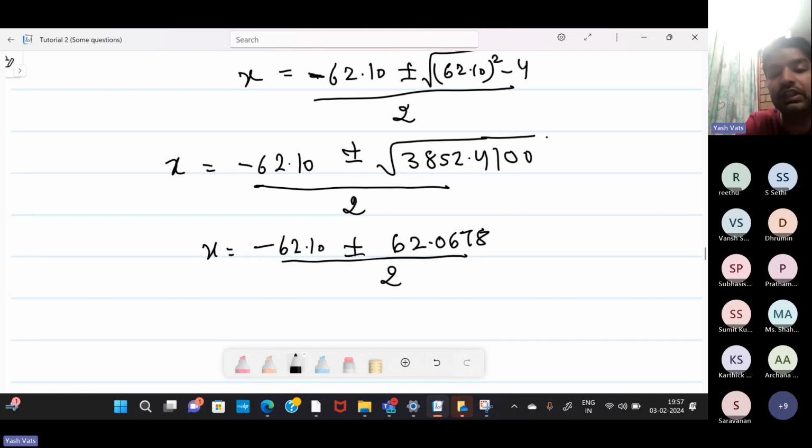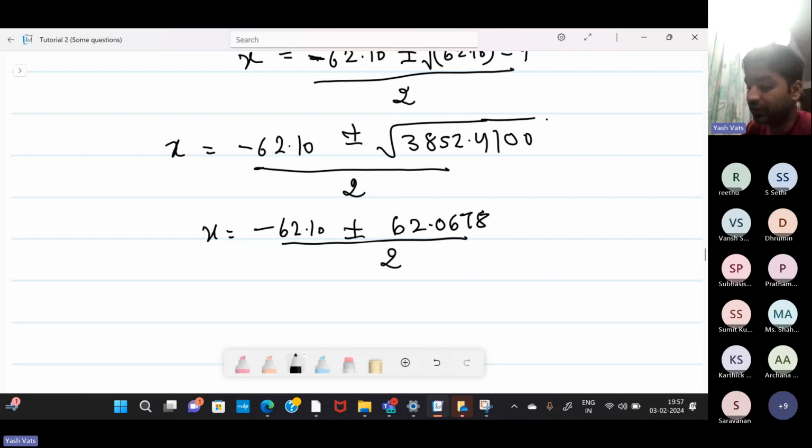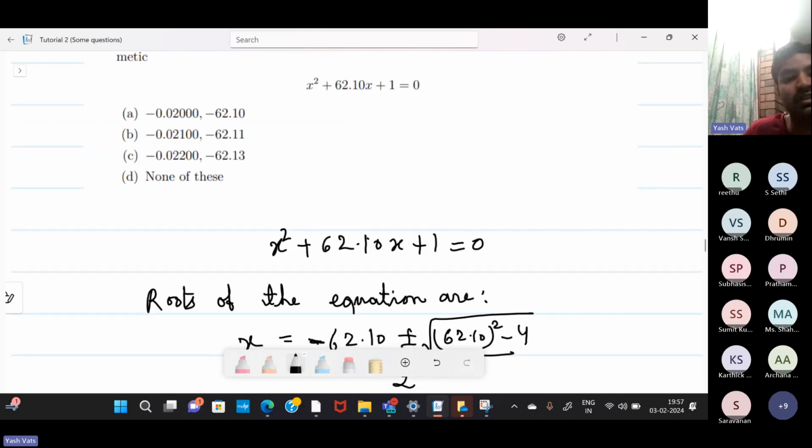So you just calculate these values. Okay, so minus 62.10 plus 62.0678, divided by 2, gives minus 0.0161. Is it there?